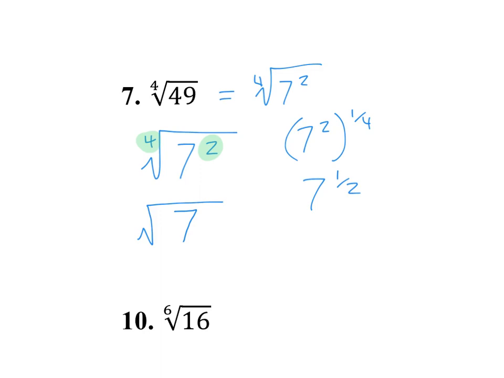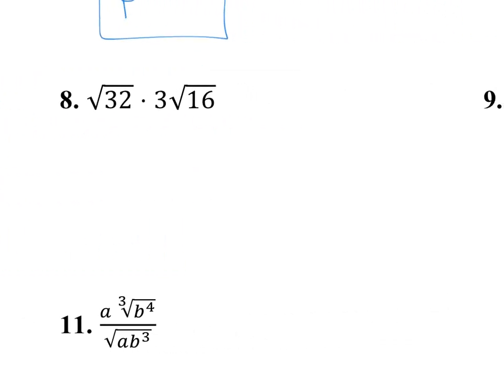So even though this is technically correct, this is the final answer we want because the original problem started in radical form. So if you find it easier, you can change the form, but remember at the end, your final answer has to be in the same form as the original when the directions are to simplify.